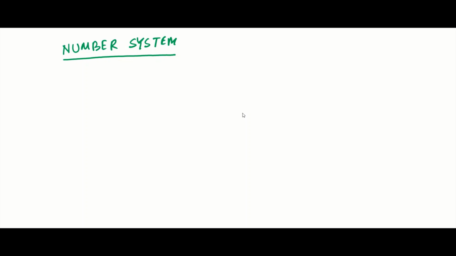In the world of computer programming or data representation, a number can be represented in one of four ways, but the number system that humans understand most easily is the decimal number system.